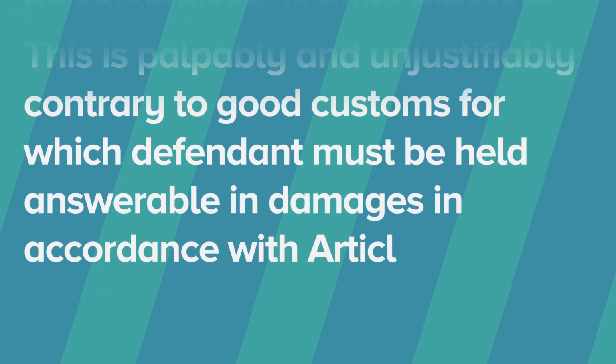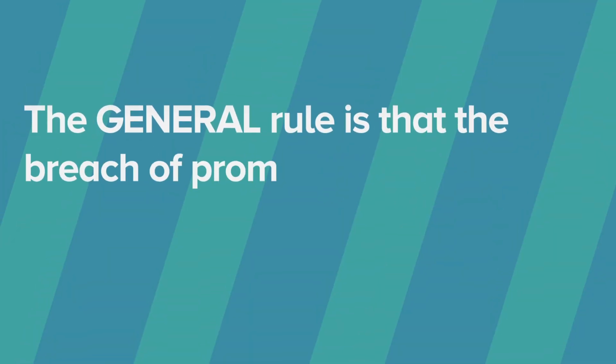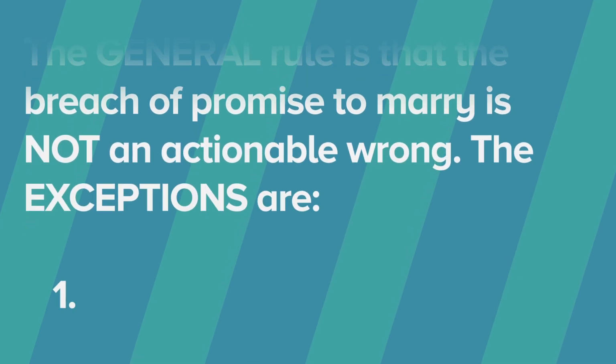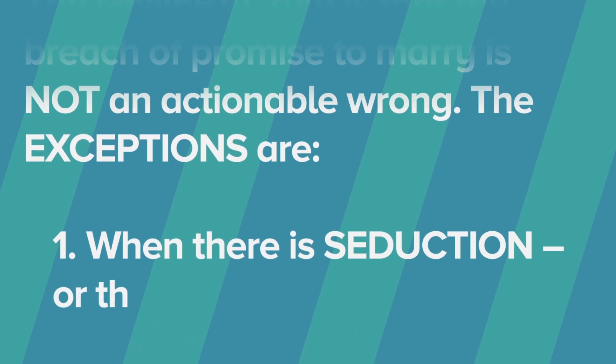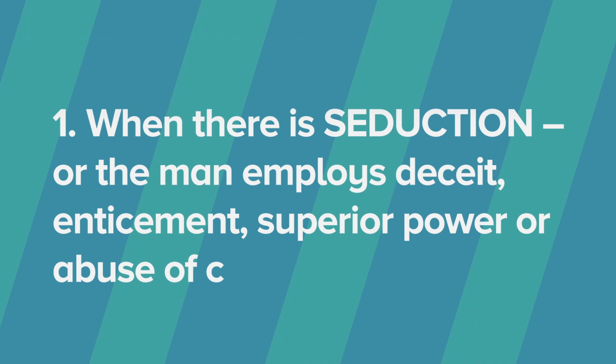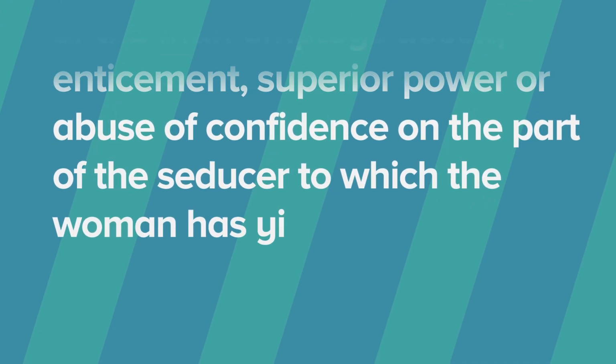When we look at the leading cases in breach of promise to marry, and I do hope kapatid that you take note of this dahil ito ang mga pinaka-common na tanong sa midterms para sa persons. The general rule is that the breach of promise to marry is not an actionable wrong. The exceptions are: one, when there is seduction or the man employs deceit, enticement, superior power, or abuse of confidence on the part of the seducer to which the woman has yielded.